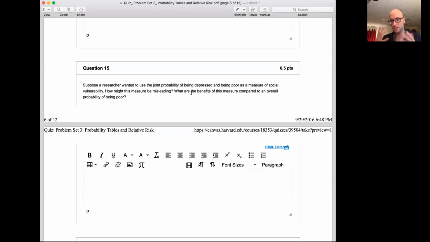In other words, if you look at just among poor people, you add up that column, and then you look at the proportion of poor people versus the proportion of non-poor people, you'll see that you're more likely to be depressed if you're poor. And the relative risk is the ratio of depression rates by exposure status, right? Whether you're poor or not poor.